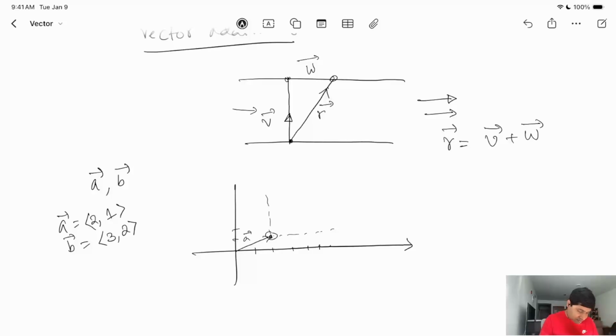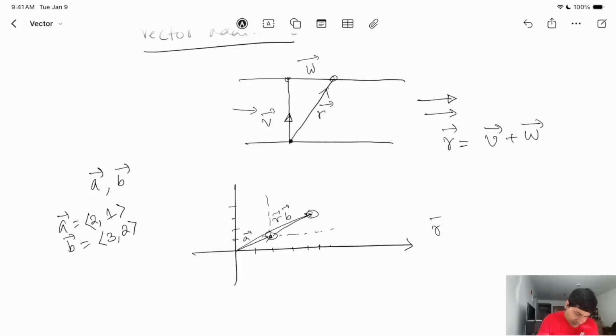So what is the B value? It says go to 3 on the X and then up 2 on Y. So go to 1, 2, 3 here, and then up 2, so that is your B. And then what is the resultant one? The resultant one is coming from here to there, so this is your R vector.